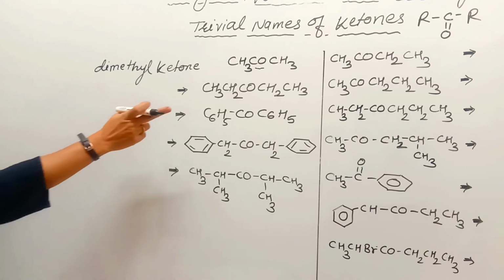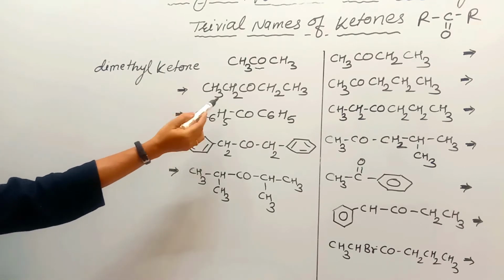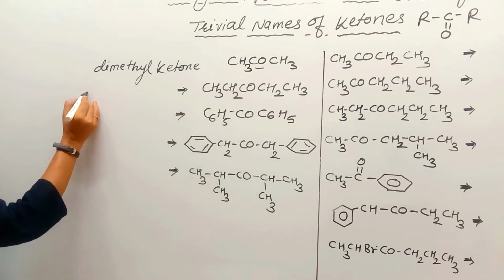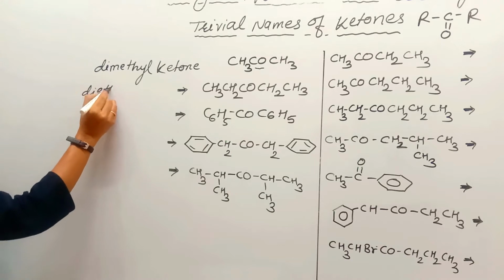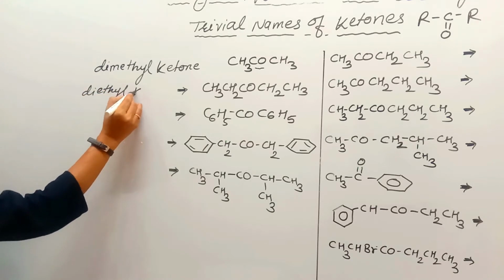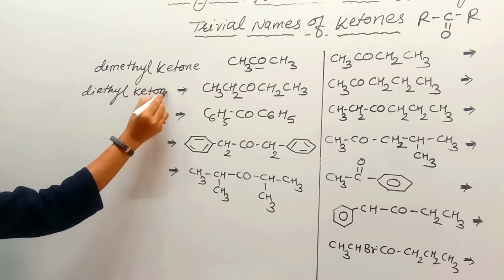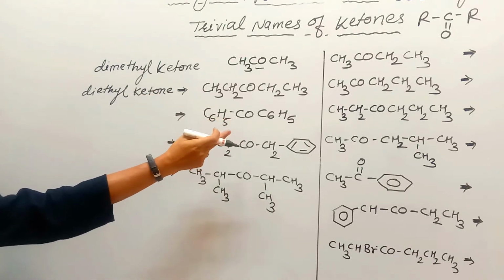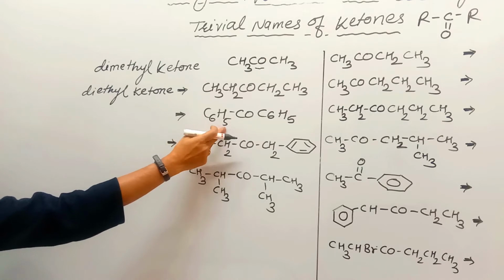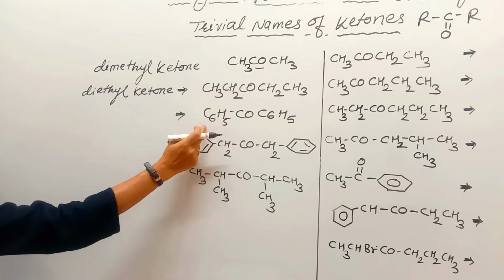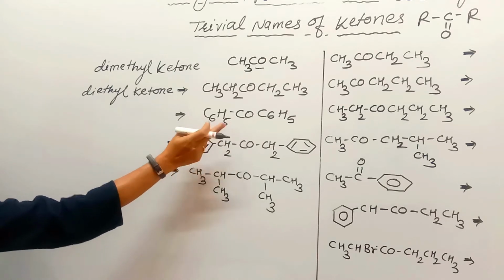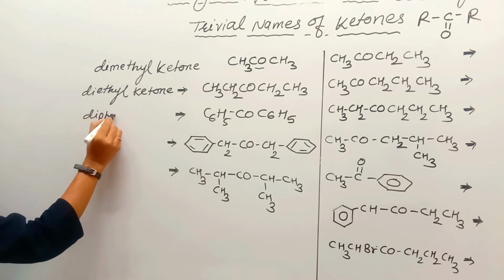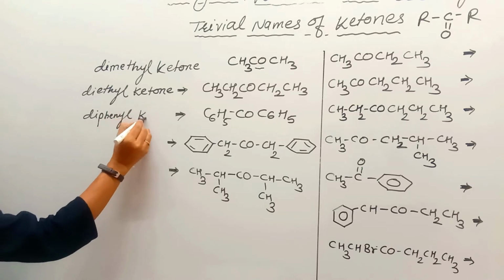See here for the second structure, watch carefully, on both sides an ethyl group is there, C2H5. So I will write diethyl ketone. While here on both sides a phenyl group is there, C6H5. Instead of the benzene ring, I write the formula C6H5. So its name is diphenyl ketone.